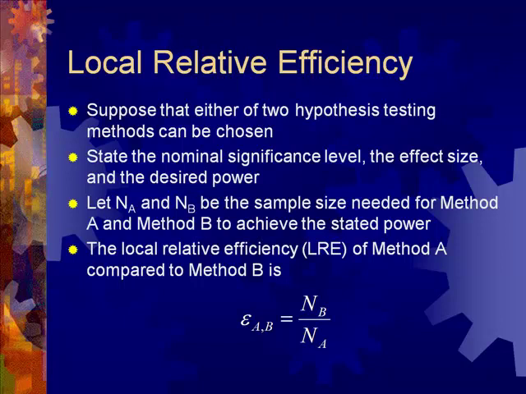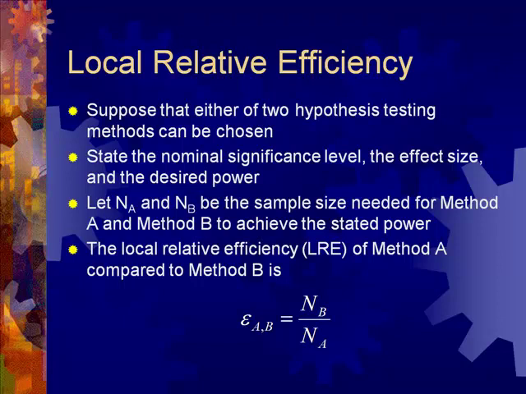Suppose that more individuals are needed for method A than method B. Then the n in the denominator is going to be larger than the n in the numerator, and you'll get something less than 1. That would indicate that the relative efficiency of method A compared to method B is in favor of method B because that efficiency ratio is less than 1.